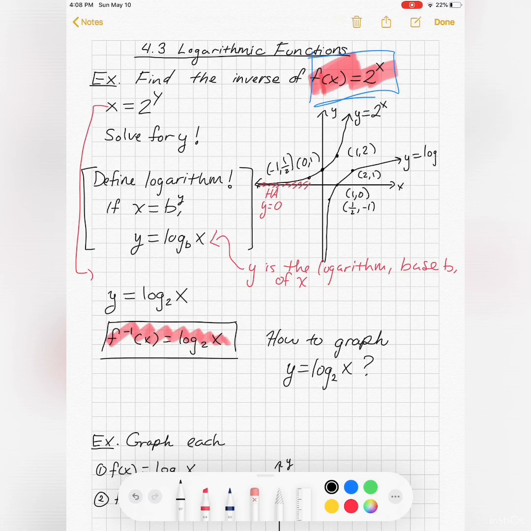So there's my graph of log base 2 of x. You'll notice there, because I reversed x and y, the horizontal asymptote at y equals 0 is now a vertical asymptote at x equals 0.